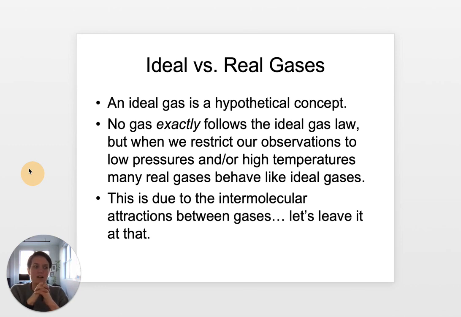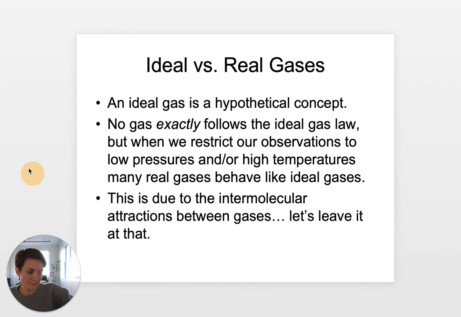There are opportunities, like at a very low temperature, where gases are going to be slowed down quite a bit, or at a very low pressure, where the attractions between gas particles are no longer going to be negligible. And there are other situations where the postulates that we have in the KMT are not going to hold true for that gas in that environment.